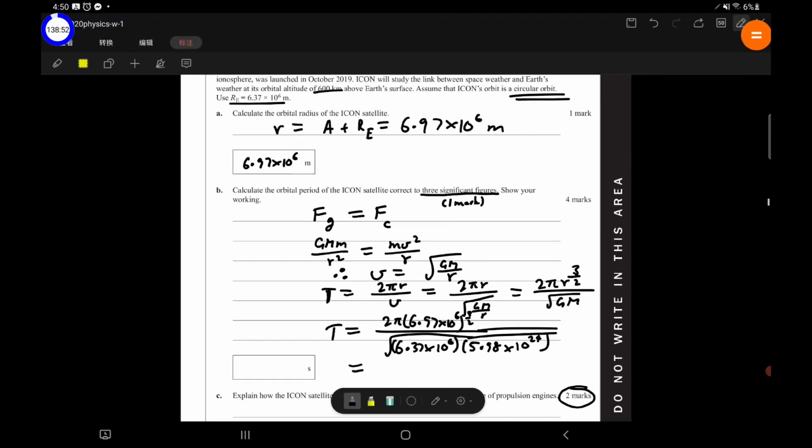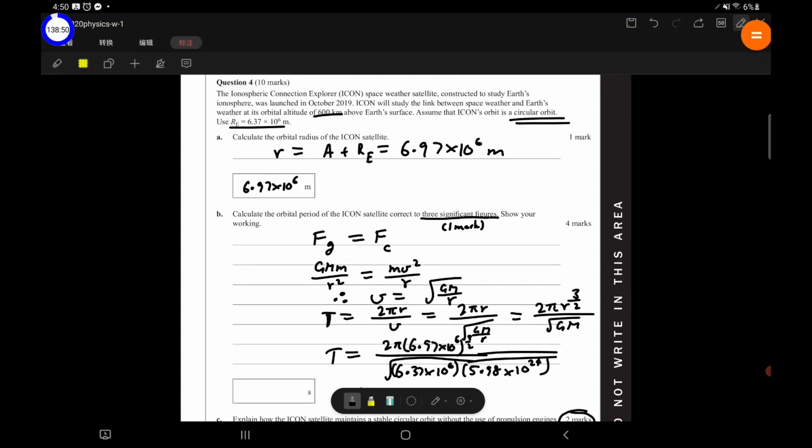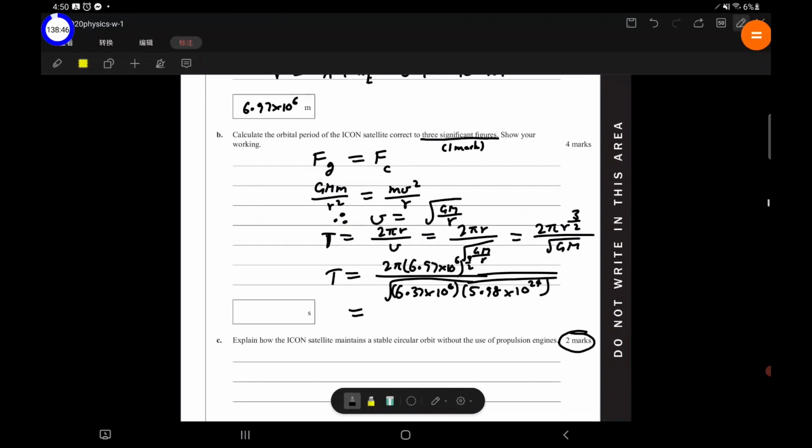Alright, so subbing all of our values into our calculator, we will get 0. Let me just see here. Oops, my bad. So we will not get 0. We will get 5,924 seconds.